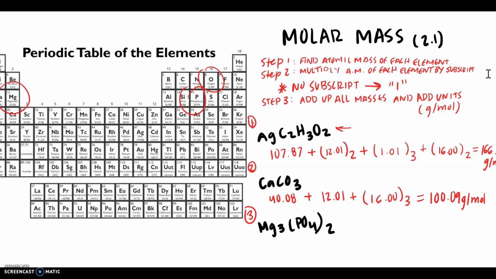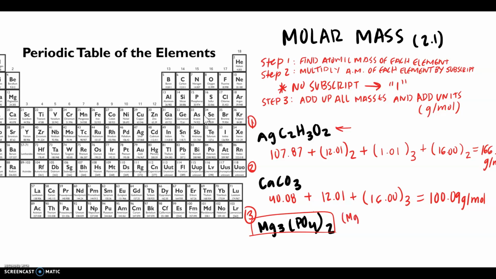Our last example is magnesium phosphate, and this one's a little different than the ones that we've previously worked with, but it works the same way, right? And what we're going to do is use the molecular formula as a skeleton for solving for molar mass. So what I like to do is when questions are a little complex like this one, I always like making my skeleton first, right?